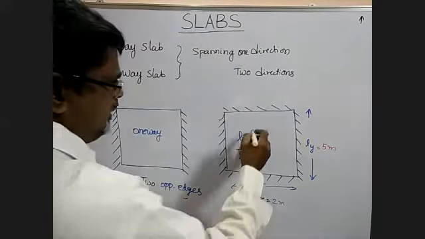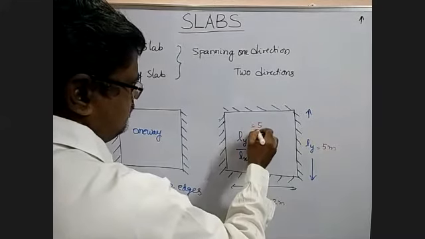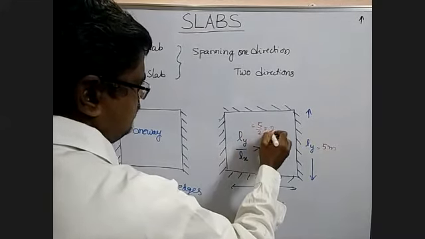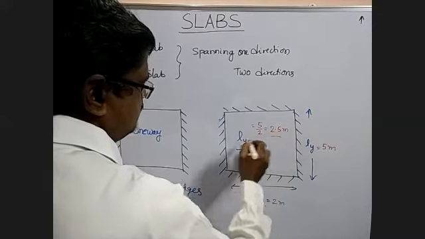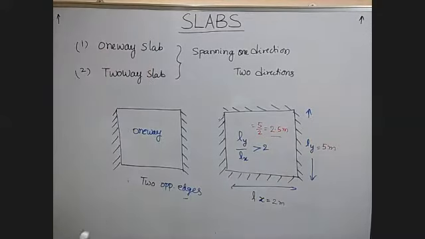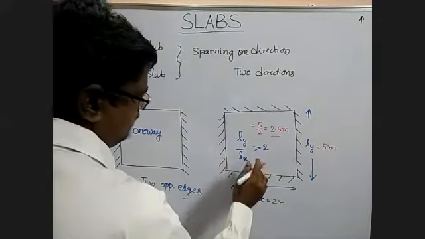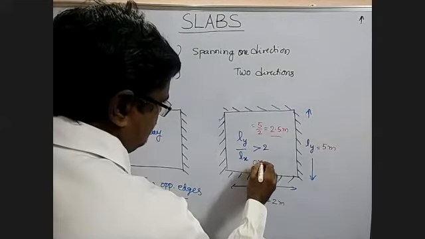Now Ly by Lx is equal to 5/2. ఎంత వస్తుంది? 2.5 meters. If Ly by Lx is greater than 2, here we call it as a one-way slab.